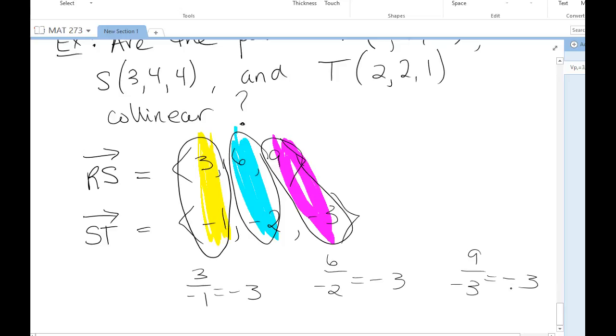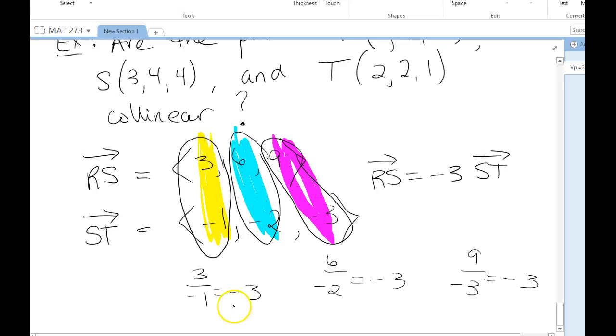This means that RS is -3 times ST. All of the RS values are exactly -3 times the ST values. So one vector is just a scalar multiple of the other. That means the two vectors are parallel, which means the points are collinear.